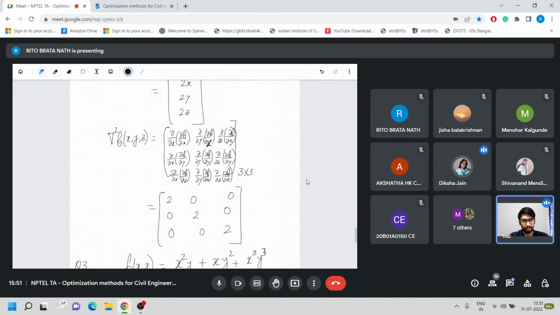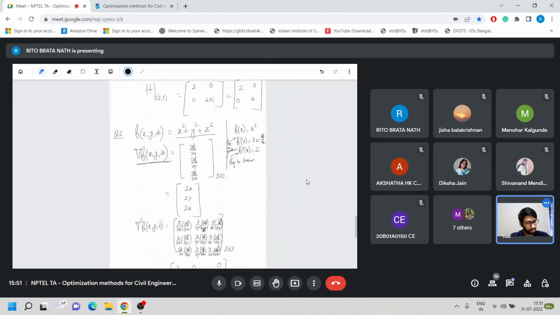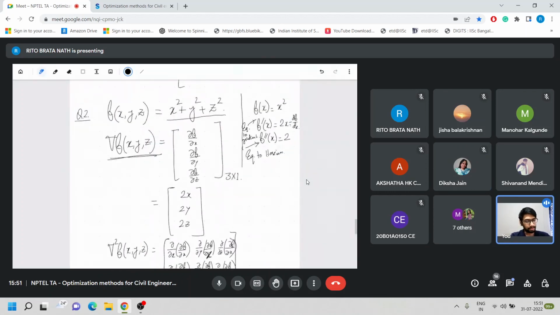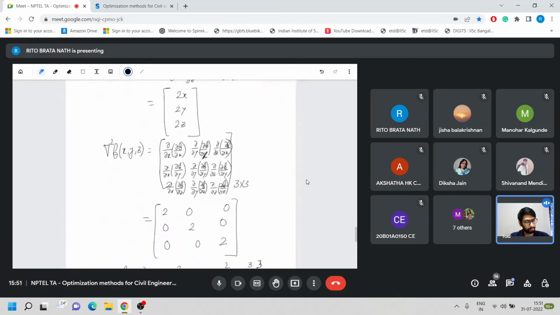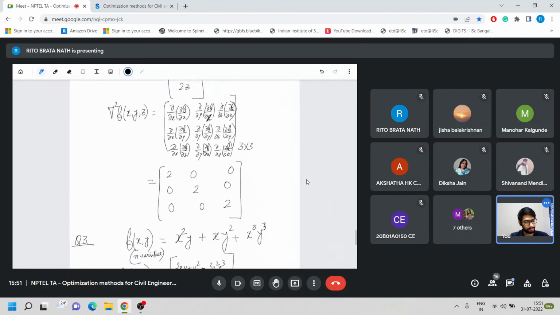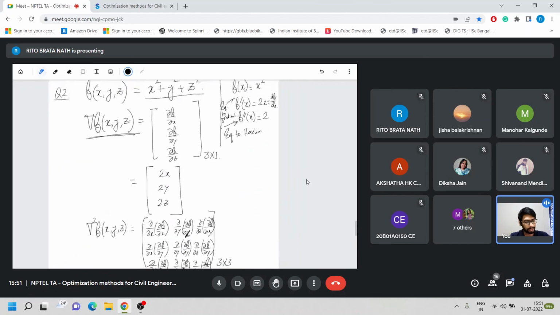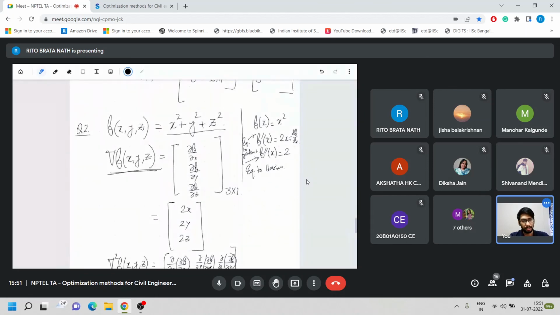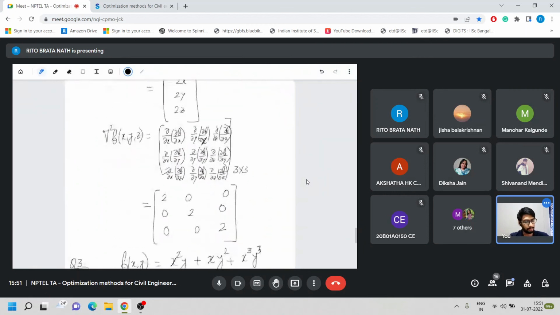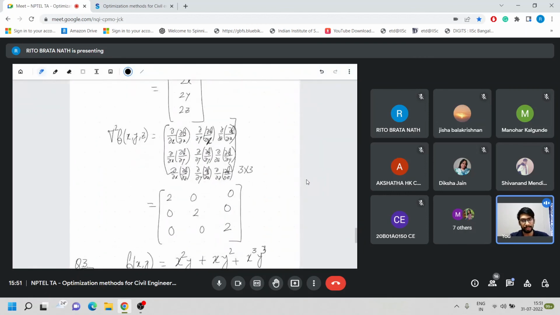You can unmute. I think some echo is coming from your end. Yeah, now it's fine. So I think I gave you this example, right? So here the function is x squared plus y squared plus z squared. If you notice here, your Hessian matrix was directly like this. It's not even having terms related to x, y, and z because the highest power was 2. So I think something similar will happen when you solve that problem. Your ultimate expression for the Hessian matrix won't be containing any x, y, or z.